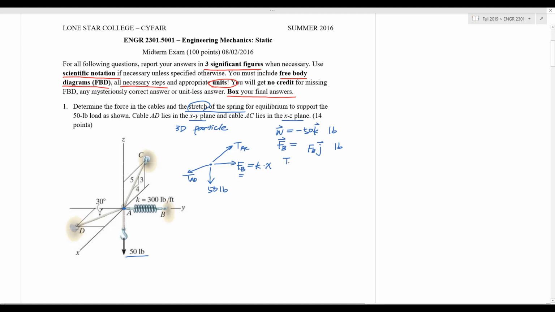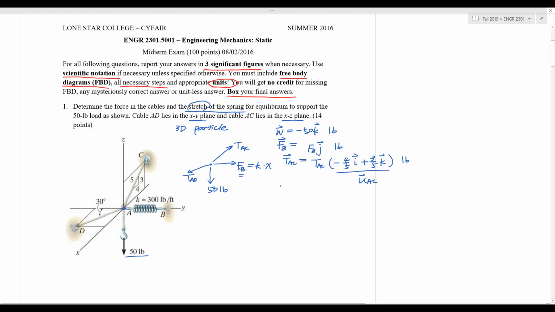Our TAC vector, the direction is given by the 3, 4, 5 triangle. So negative 4 over 5 along the x direction, positive 3 over 5 along the z direction. So that will be your magnitude, TAC, times negative 4 over 5 i, and then positive 3 over 5 k. And by the way, this is the unit vector UAC.